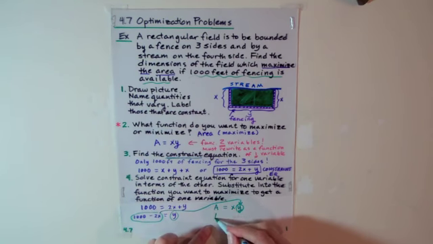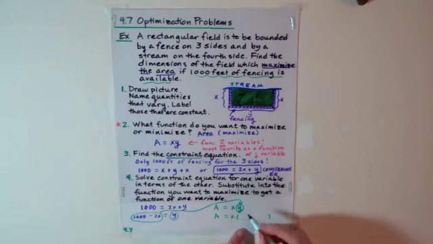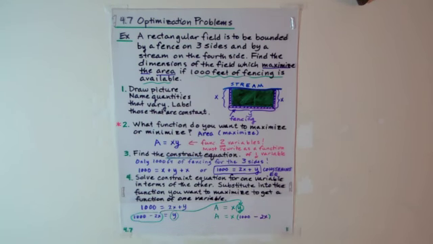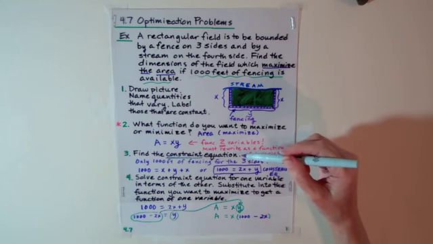So let's do that. I have A is equal to x, and in place of y, I'm going to put down what the constraint equation said it was in terms of x. It's 1,000 minus 2x. And notice that now I've written A purely in terms of x. It's a function of one variable instead of this troublesome function of two variables.